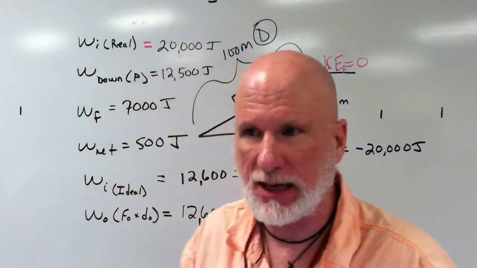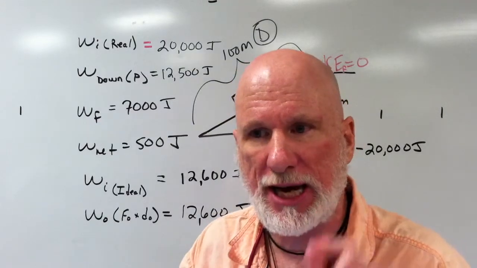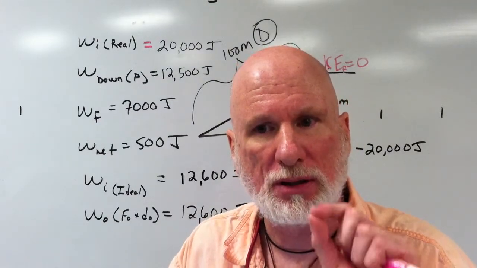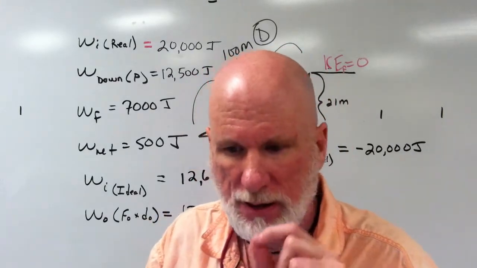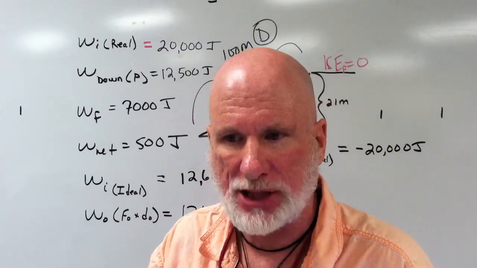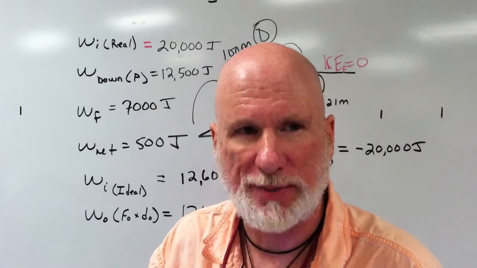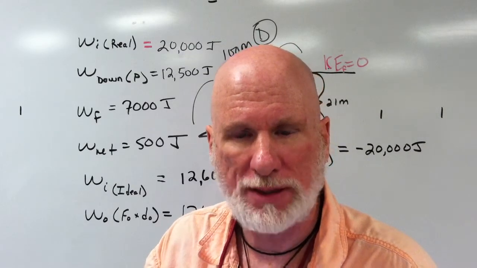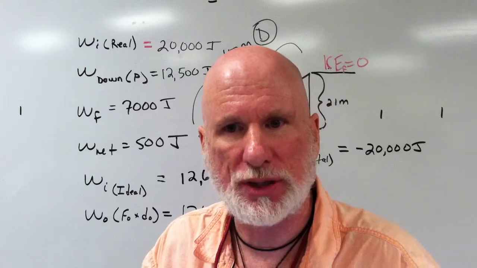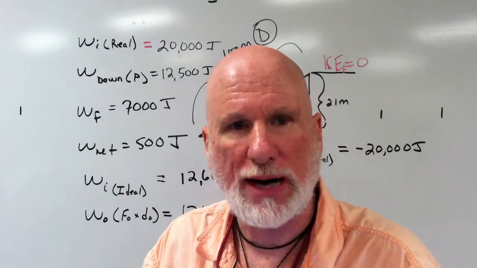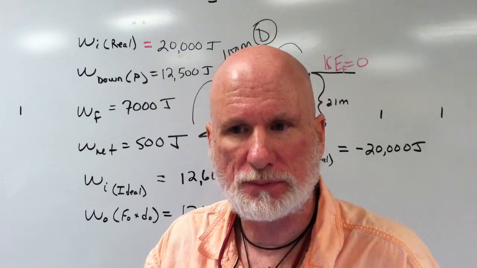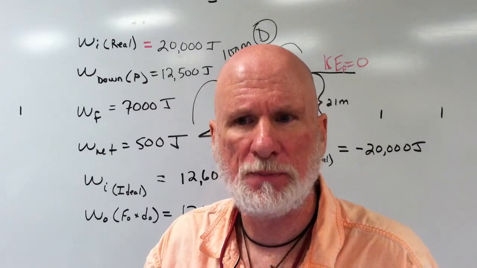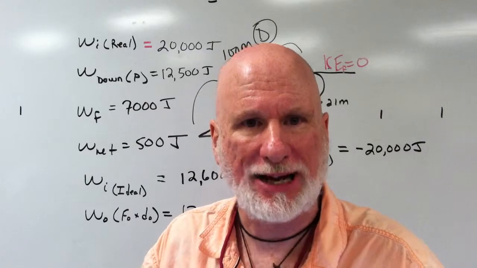Now, this is key. What is the change in kinetic energy for the usable kinetic energy? In other words, what amount of kinetic energy actually was converted to mechanical energy? What amount was actually doing mechanical work, converting it to usable energy?